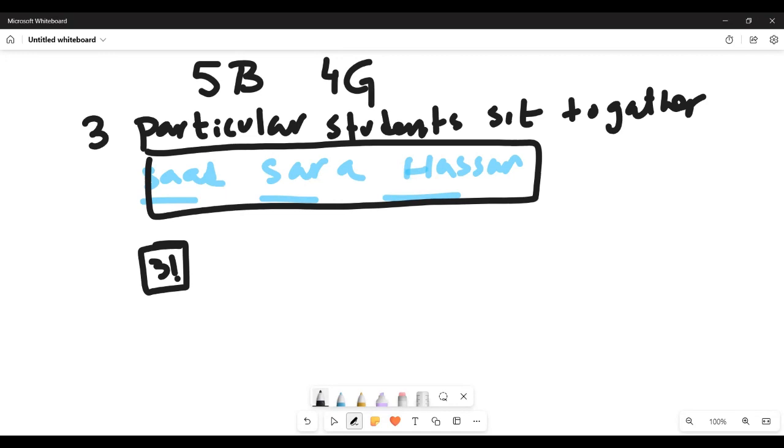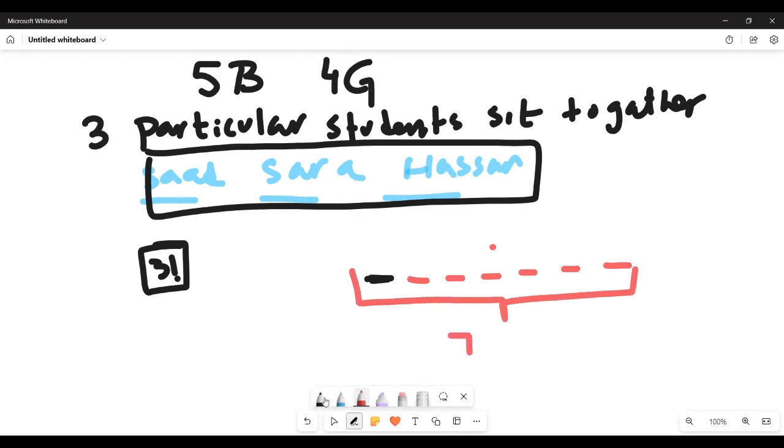So that's a group. We're going to consider it as one person for now. Other than those 3, we have 6 people left. So 1, 2, 3, 4, 5, 6, and the group makes it 7 people on 7 chairs, so that is going to be 7 factorial, times this group's 3 factorial arrangements.